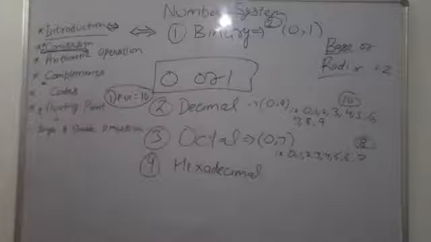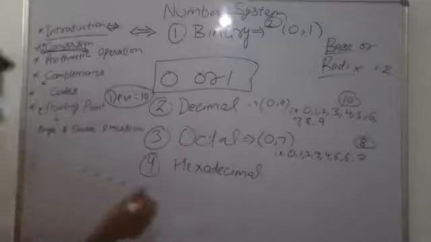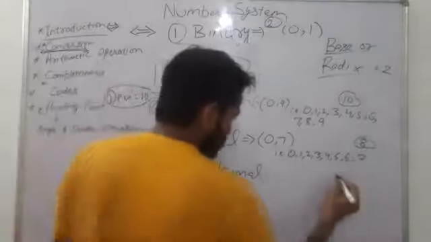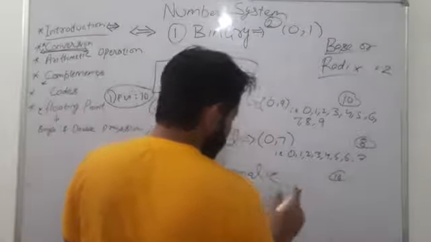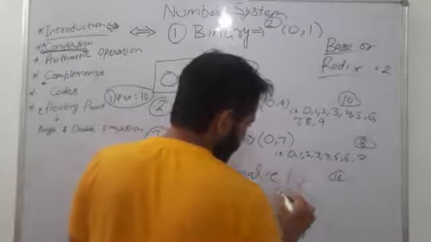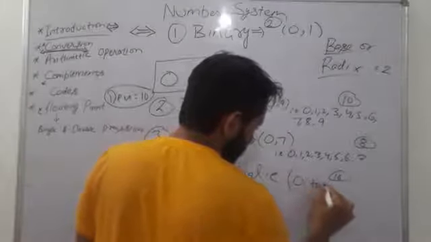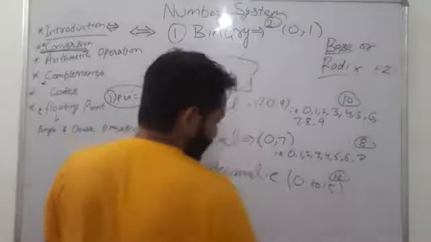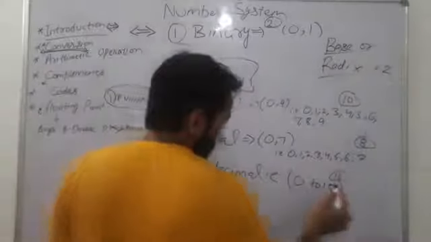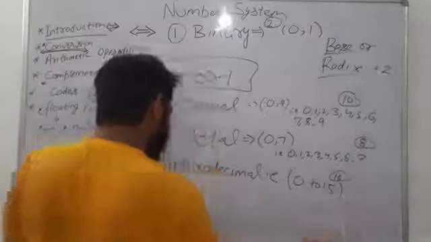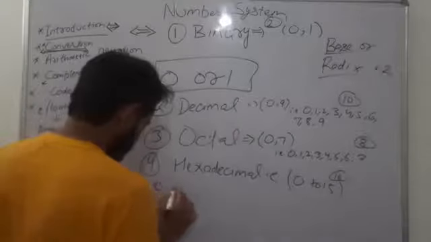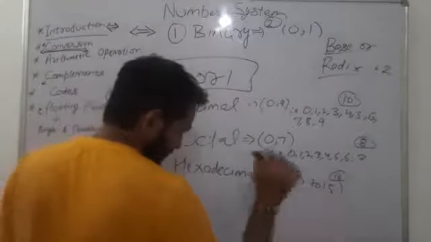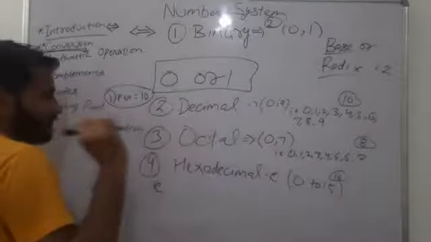And in hexadecimal, hexa means 16. So the base or radix of hexadecimal is 16, and it represents 16 digits from 0 to 15. But on coming to the representation, we will not write 10, 11, 12, 13, 14, or 15.